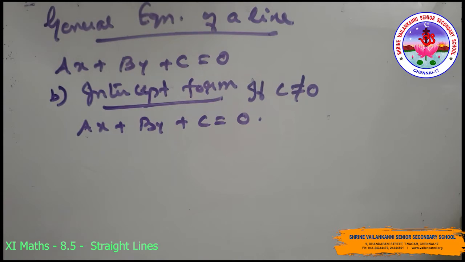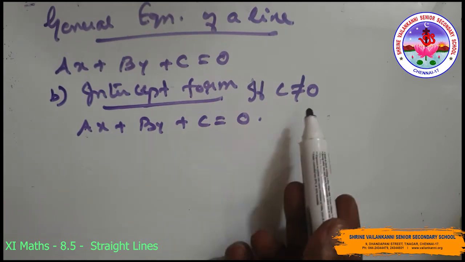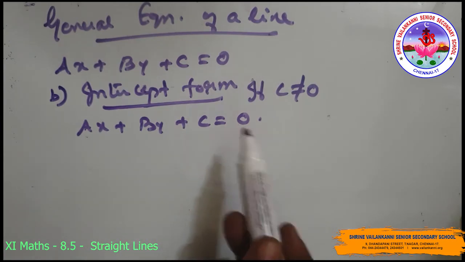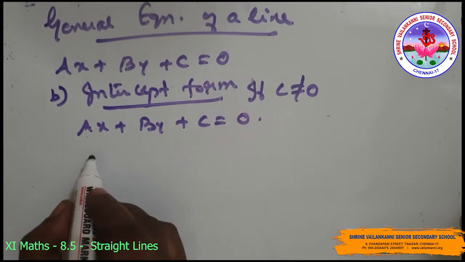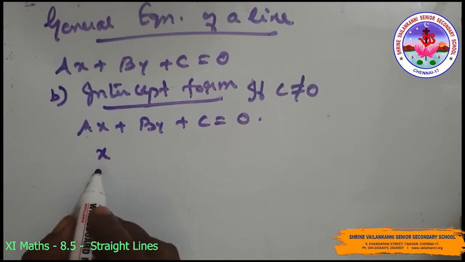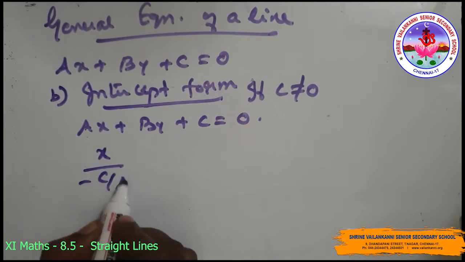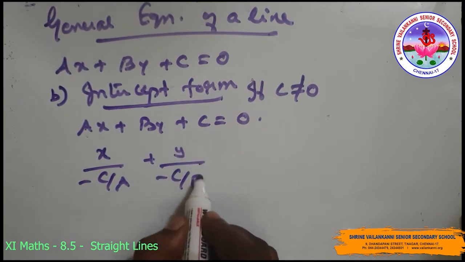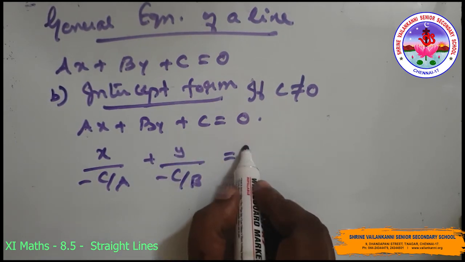Then the second form of the general equation is intercept form. If c is not equal to 0, then ax + by + c = 0 can be written as x/(-c/a) + y/(-c/b) = 1.